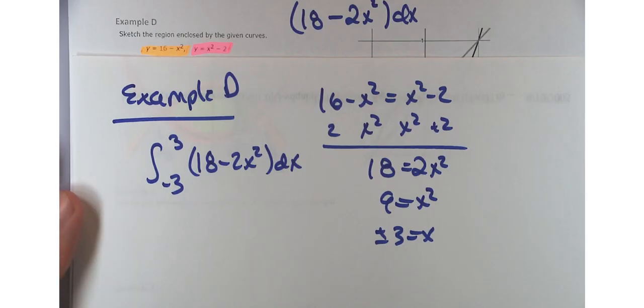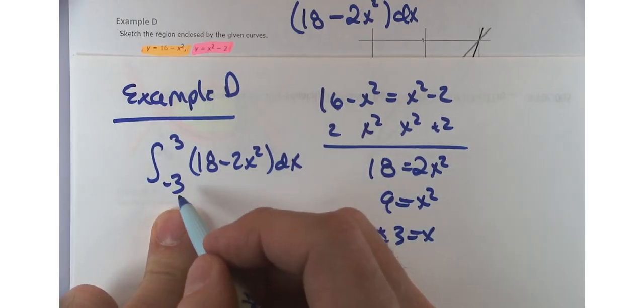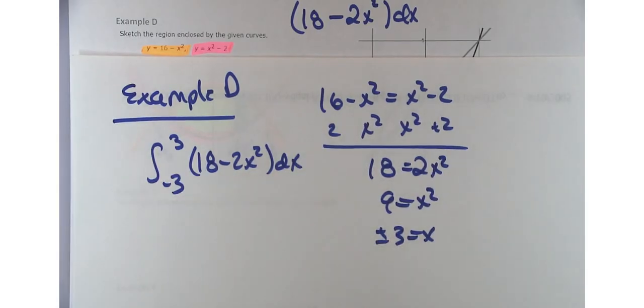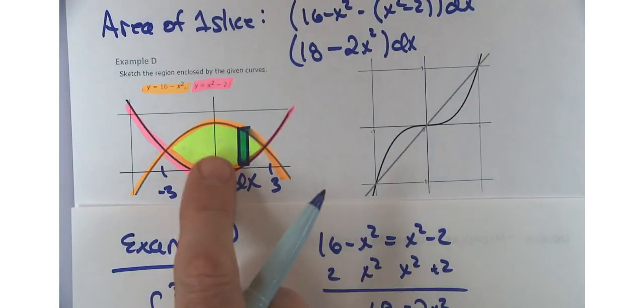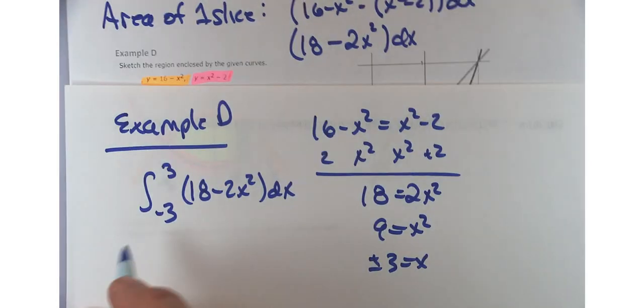There is something I want to point out about this problem. Now, it's not a big deal, but it is kind of helpful. If you've got an even function over a symmetric interval, well, there's a little bit that you can do to save yourself some work. It's not a huge deal in this problem, but if you take a look, the left-hand side of this and the right-hand side of this, those are going to have the same area. So we'll just calculate it once.